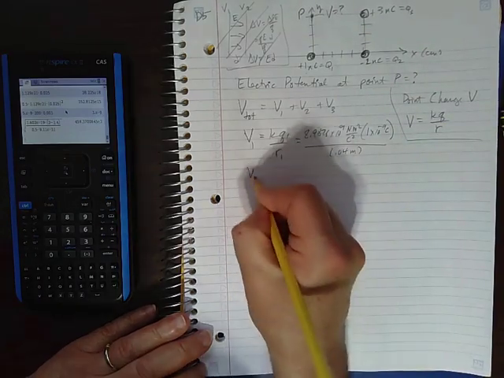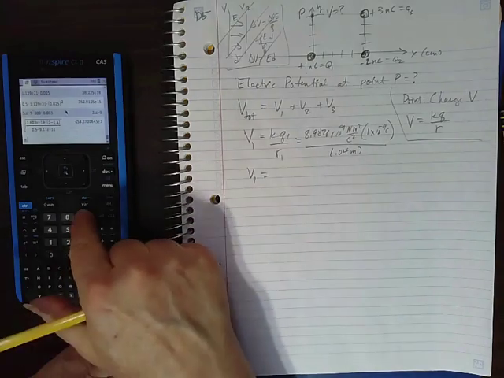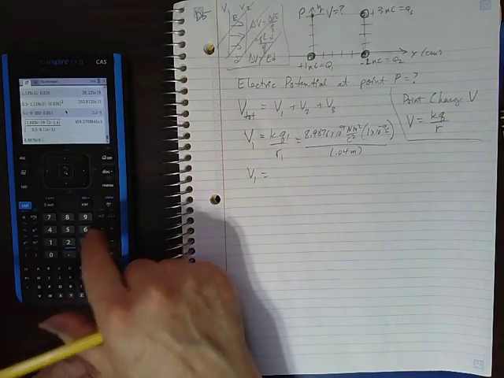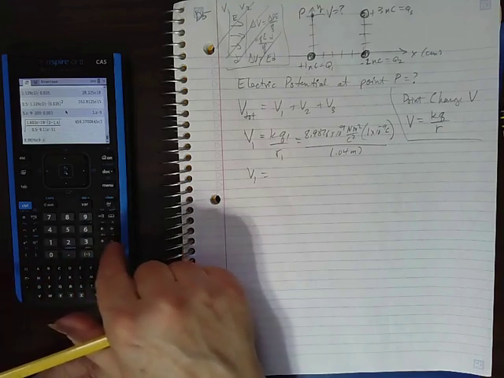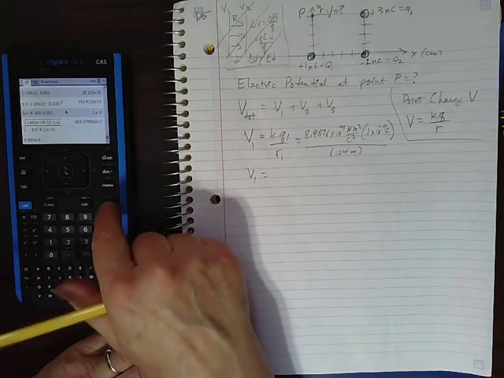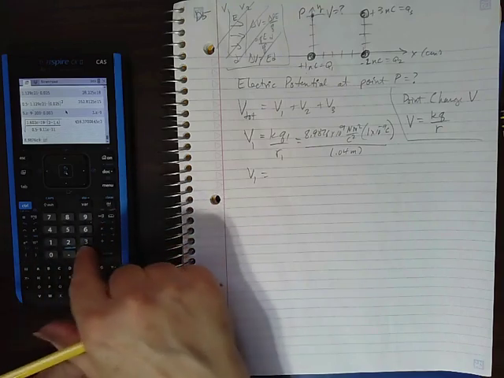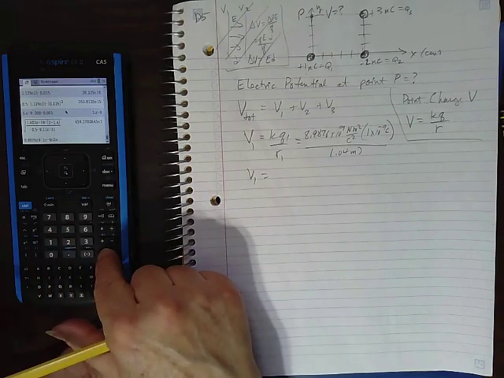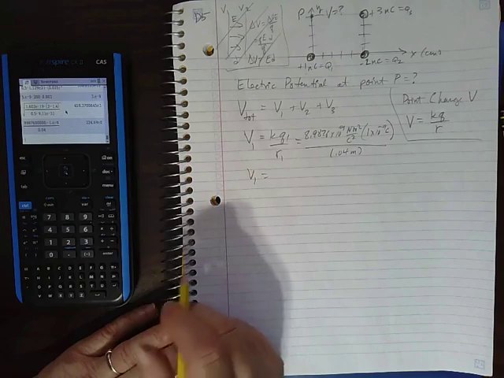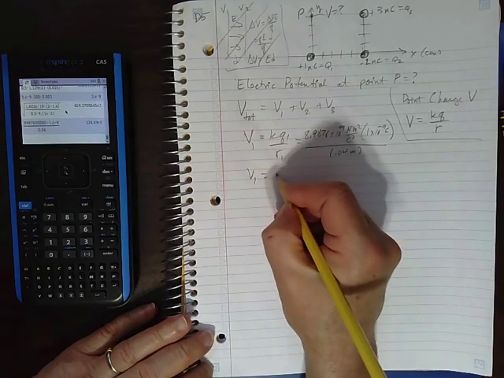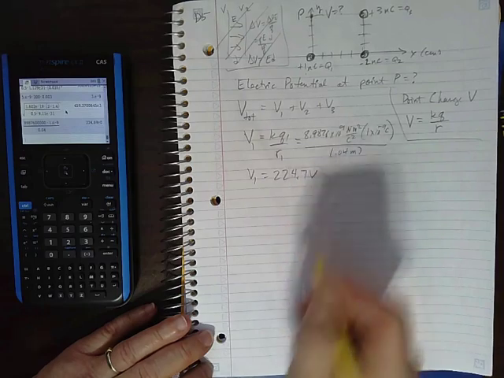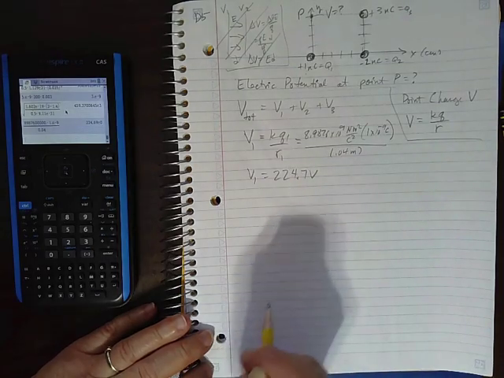So V1 is 8.9876 E9 times 1 E negative 9 divided by 0.04. Okay. Ooh, all right. Well, 224.7 volts. Kind of a high voltage, but we'll go with it. I'm just making up numbers.